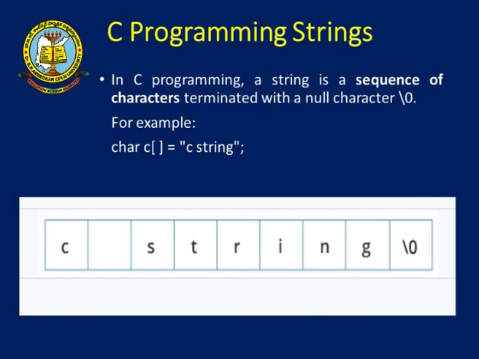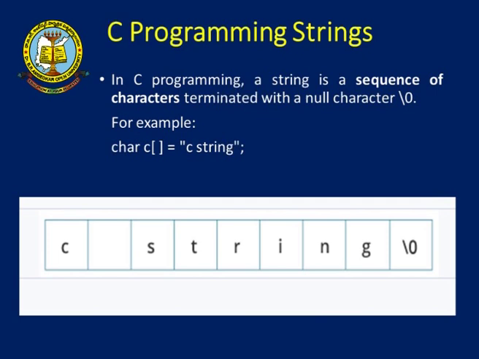See this example: character C is the string variable name and the array assignment, this is the string constant value. There is no string data type directly in the C language. If you want to work with the string concept, we must use the character data type and the array concept.